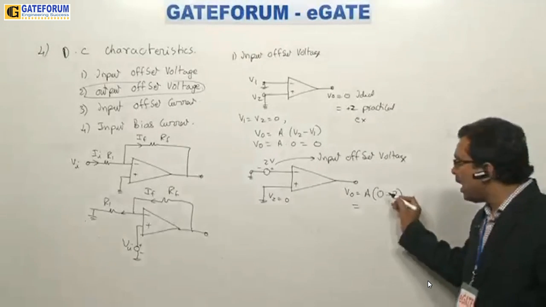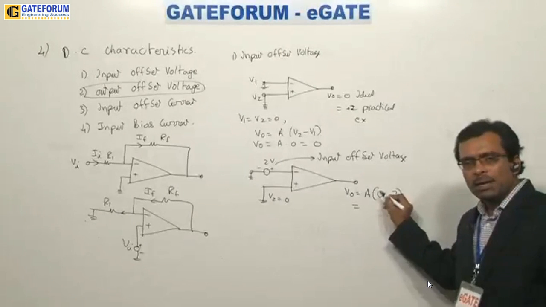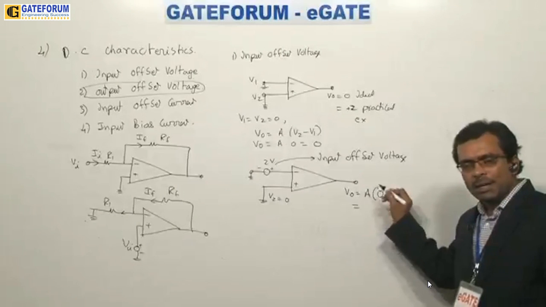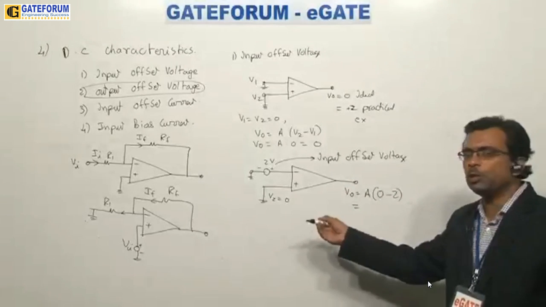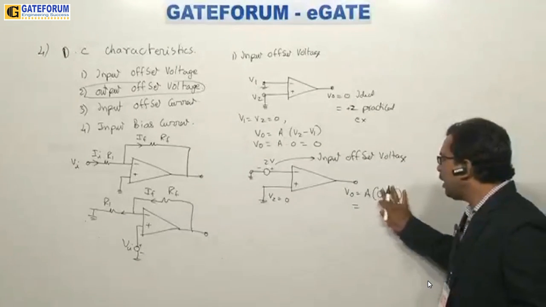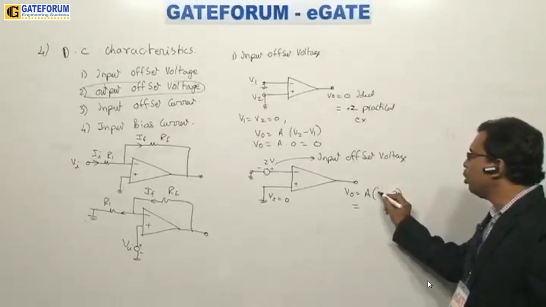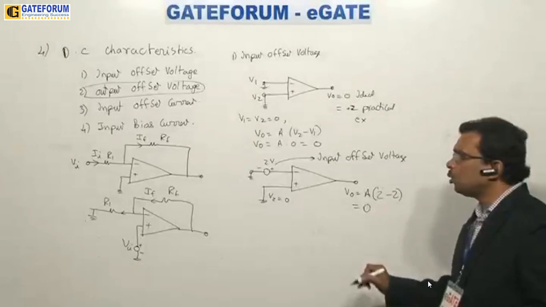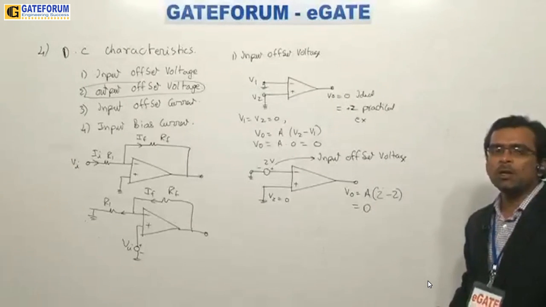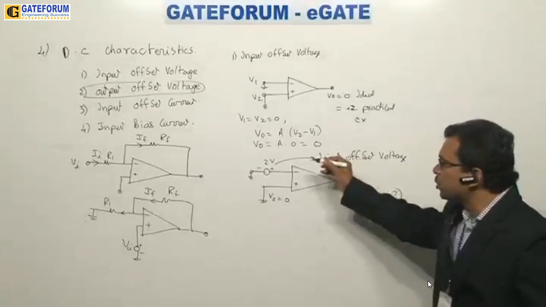But I thought that it is 0, but there is an error which I am not able to see. Due to that error, I have identified it as some value 2. So 2 minus 2, I consider it to be 0. So now the output voltage will become 0. In this way I made it 0.